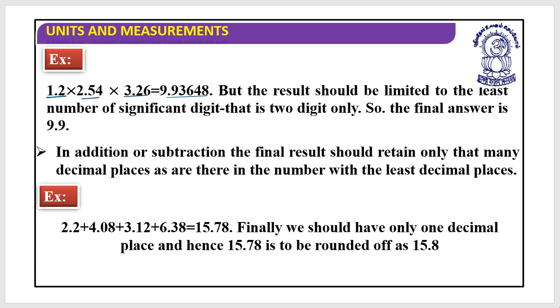So I need to check the number of significant figures each number has. 1.2 contains two significant figures. 2.54 contains three significant figures. 3.26 also contains three significant figures. Now I need to find out which number has the minimum number of significant digits. Yes, you are right. 2 is the minimum number of significant digits. So my answer should have 2 significant digits only.